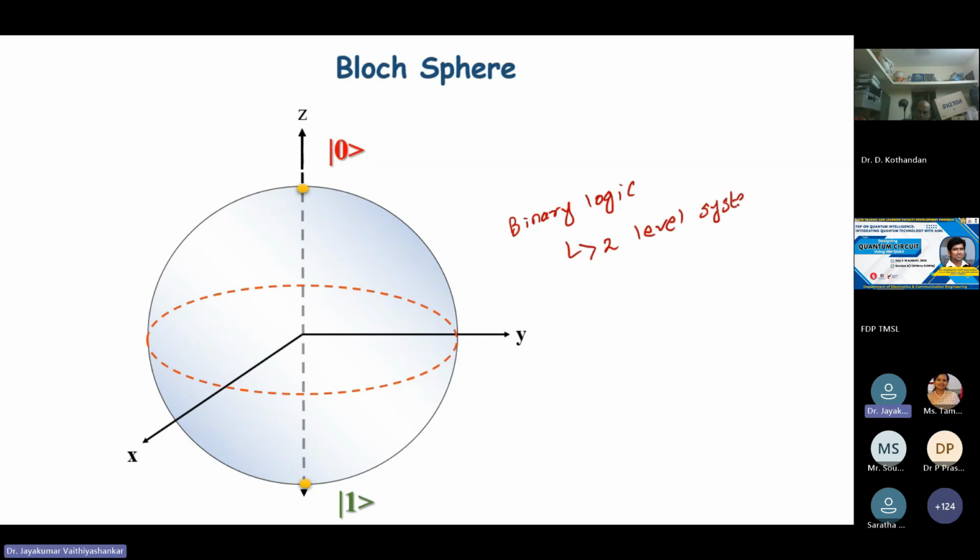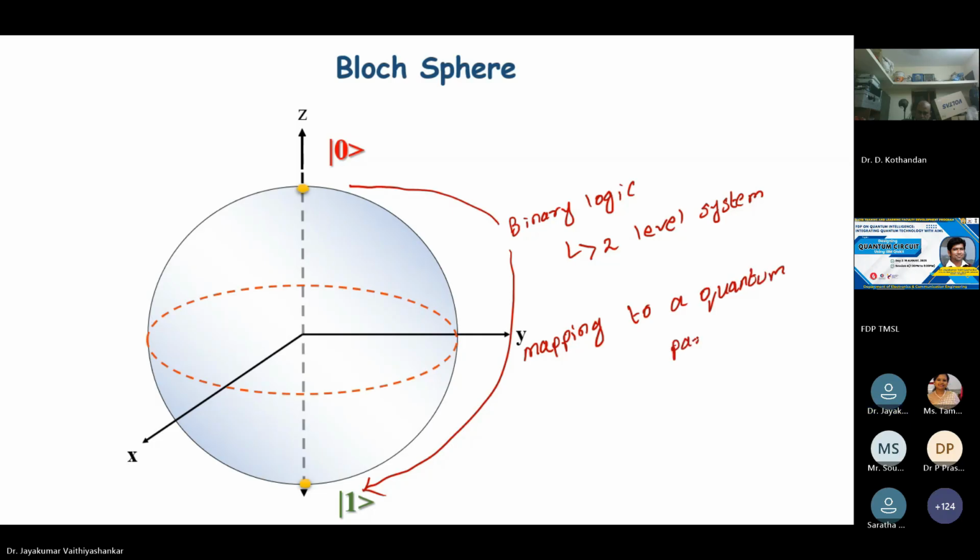In the Bloch sphere, we try to map this binary logic, mapping binary logic to a quantum particle. That is why we choose the extreme points, North Pole and South Pole, to represent 2 different, opposite-level systems.